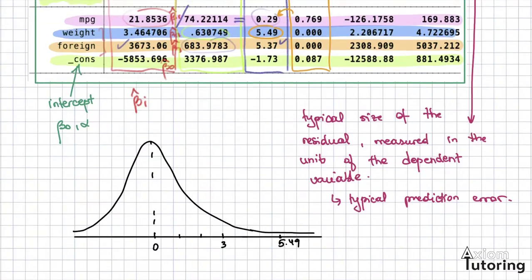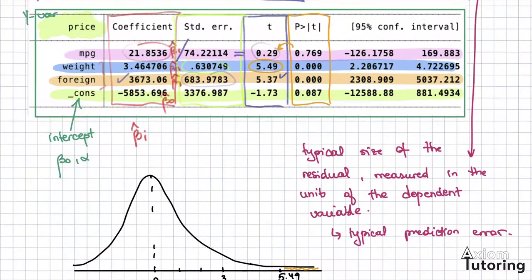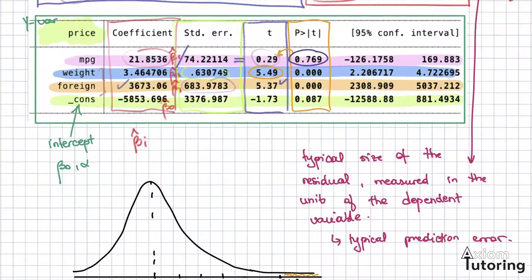So that's why the further away we are, the smaller the p-value that is associated with it. In this case, it is infinitesimally small, so essentially 0. For the MPG, the miles variable, you can see the p-value is actually quite high. So this estimate is well within what the randomness can explain or could generate.